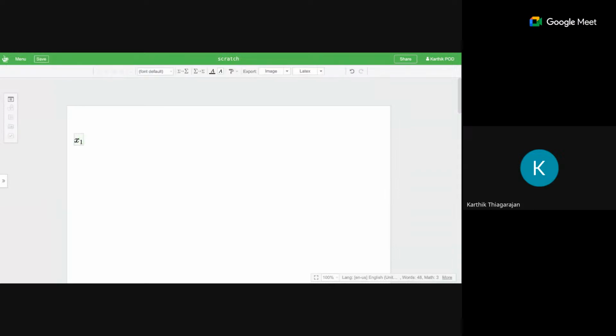x1, x2, right? So this is your original data set. And let's say there are x10, 10 data points. Now, if you shuffle them, you may end up with say x3, x1, x5, x7, some order.